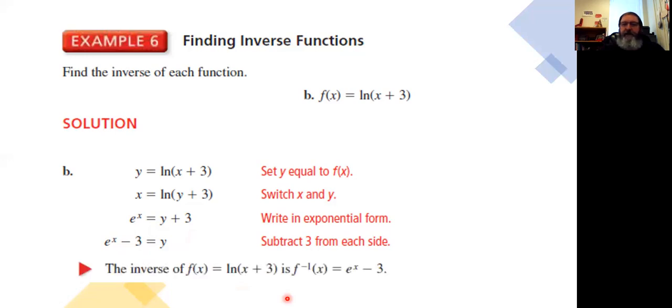I have written the inverse. So I take my equation and change the y over to the inverse function notation, f inverse of x. Using that for my original, its inverse is e to the power of x minus 3. All right.